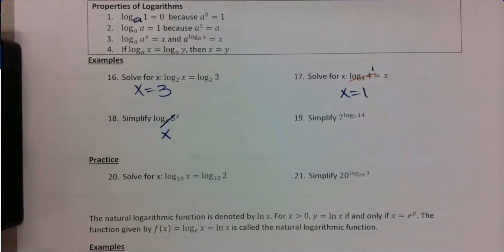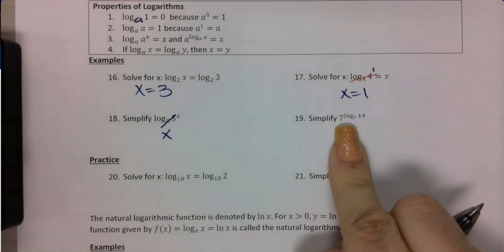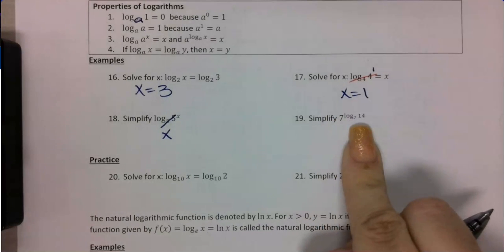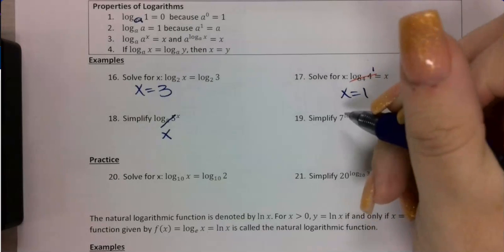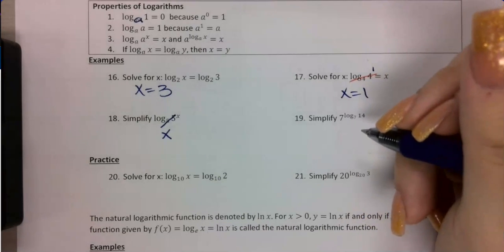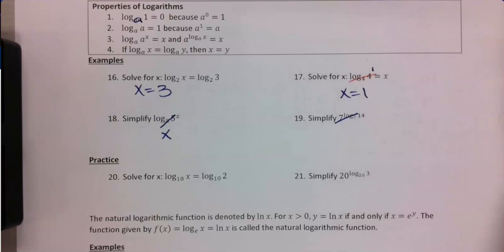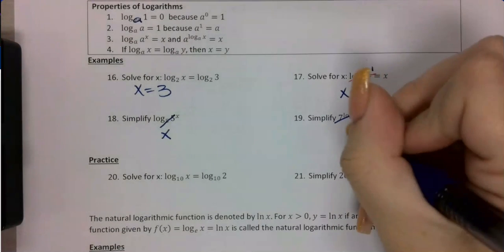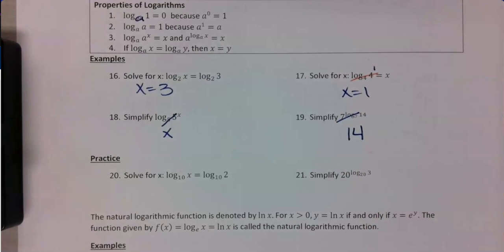Last one is 7 to the log base 7 of 14. Again, the exponent and log base cancel out. So then that just leaves me with the argument, which is 14. No, it's not equaling x on this one, because it just says simplify.